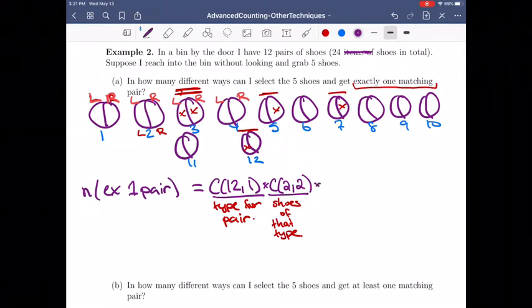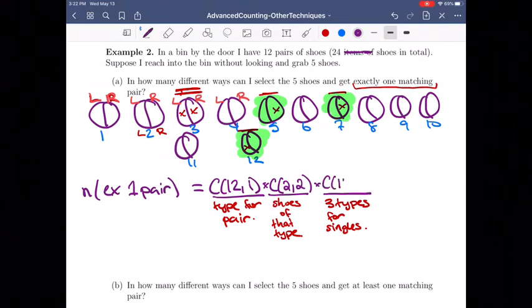Now here it's important that we pick the single ones, the types, at the same time, because we're taking 1 shoe of each. So my next step, I want 3 types for the single shoes. There's 11 types left because I already picked 1 type for the pair.